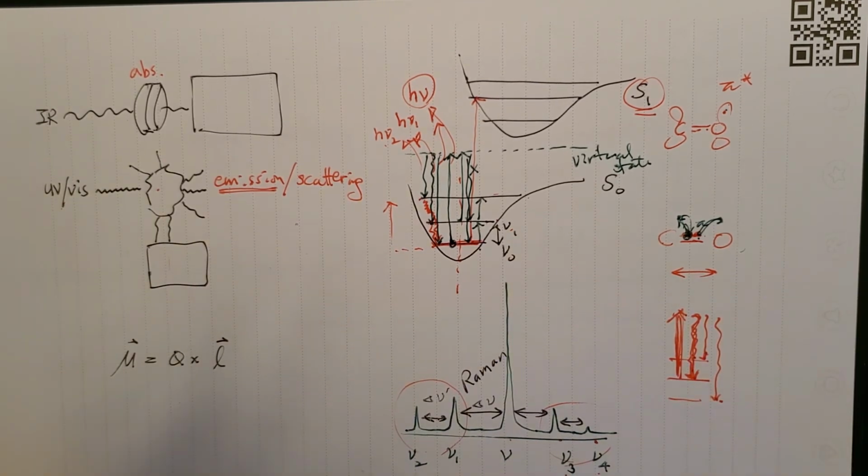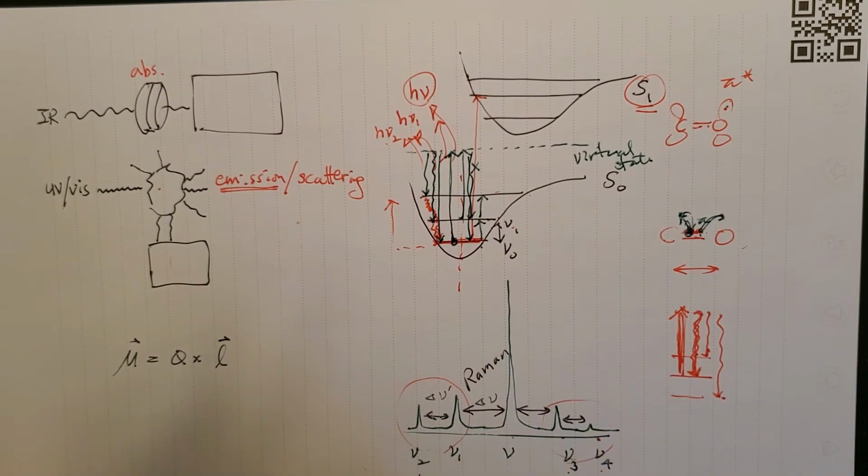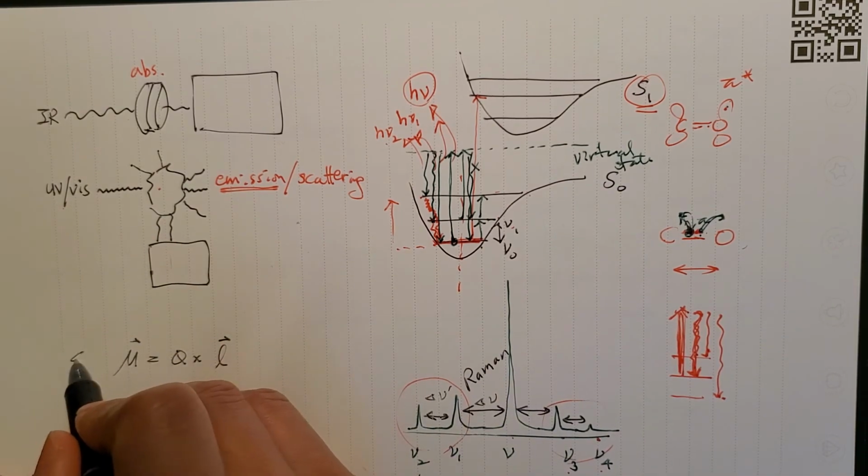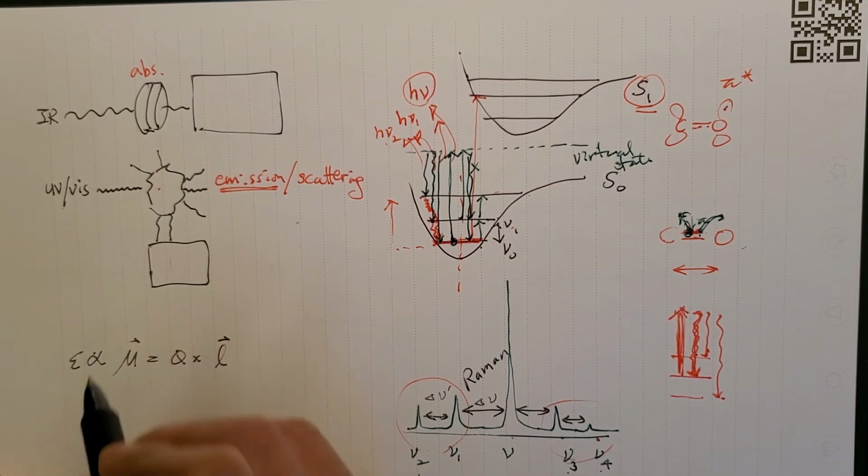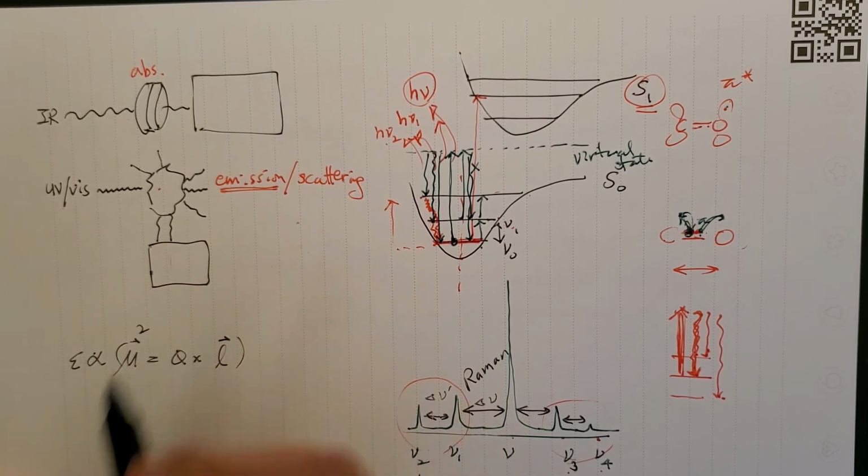Therefore, in Raman spectroscopy, the selection rule is not like the IR case where the extinction coefficient, if you remember, was the square of the dipole moment that's proportional to the absorptivity.